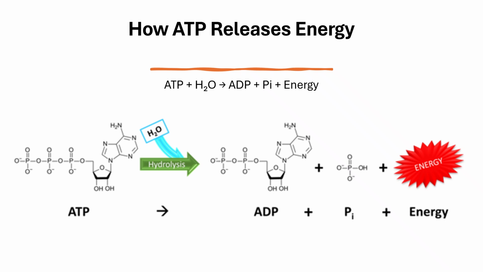It's a bit like cashing in a $20 bill for smaller denominations to make purchases throughout the day. Key terms for your notes: phosphorylation, transferring a phosphate group to another molecule to activate it.